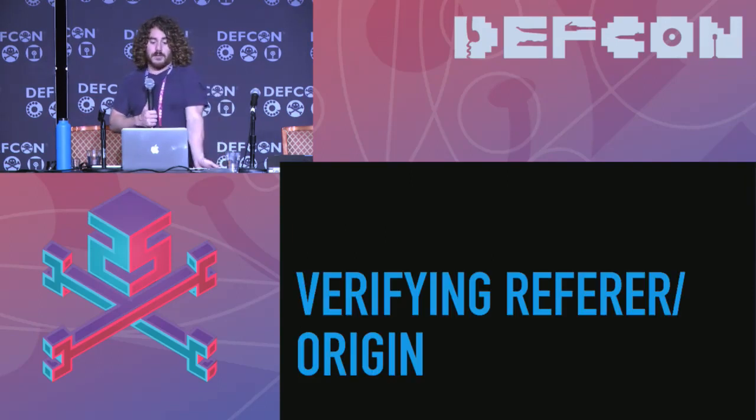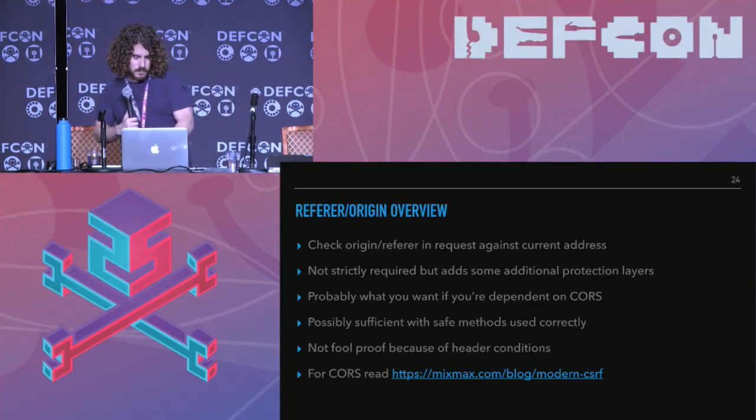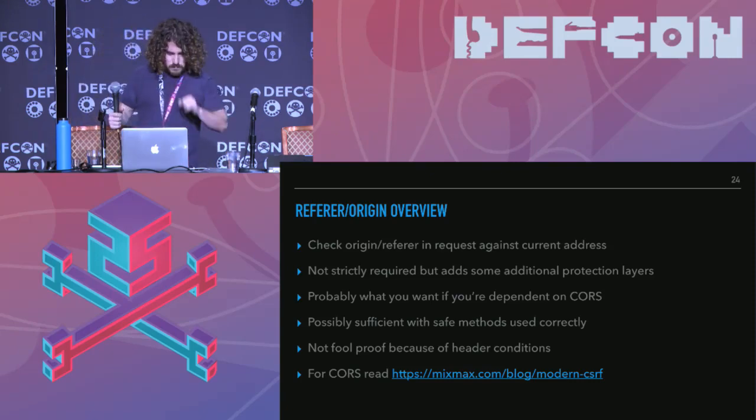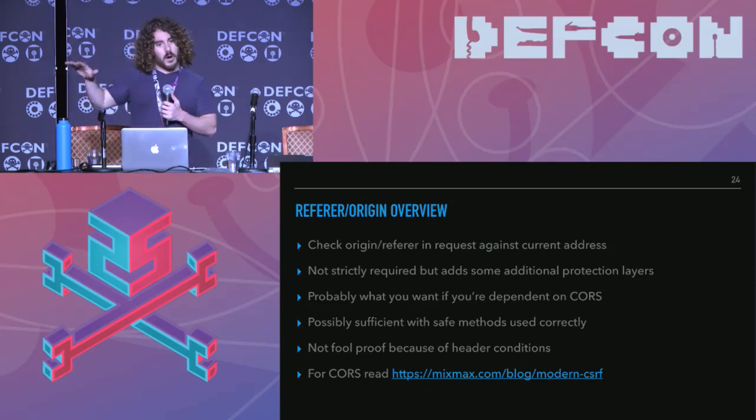So, verifying the referer and the origin. This is used, like I said, to detect permitted CORS requests and to detect outside requests coming into the application. This is done by looking at the origin and the referer. The referer is one of the headers that tells the server where you were coming from.